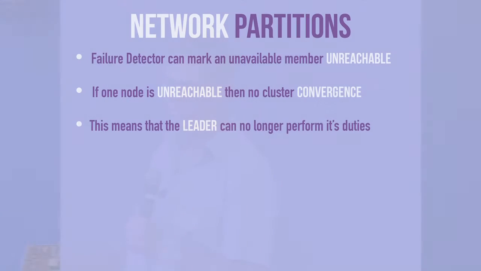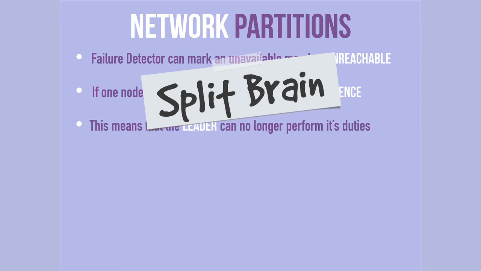And as I said again, if a node is in the unreachable list, then the cluster does not have convergence, and this means that the leader can no longer perform his duties in a reliable fashion. This is what we normally call split brain. And the thing is that there is really no good automatic way out of that.